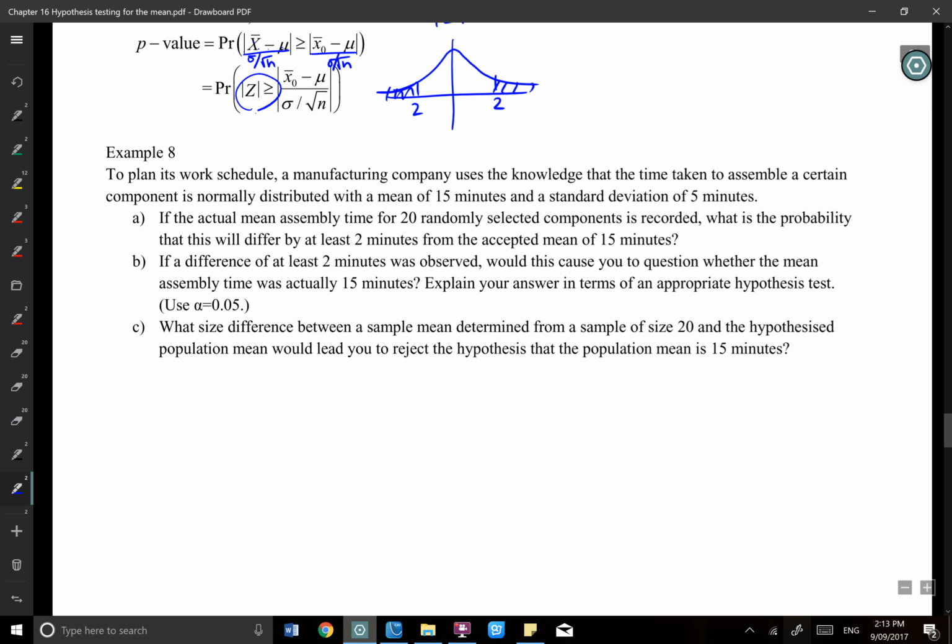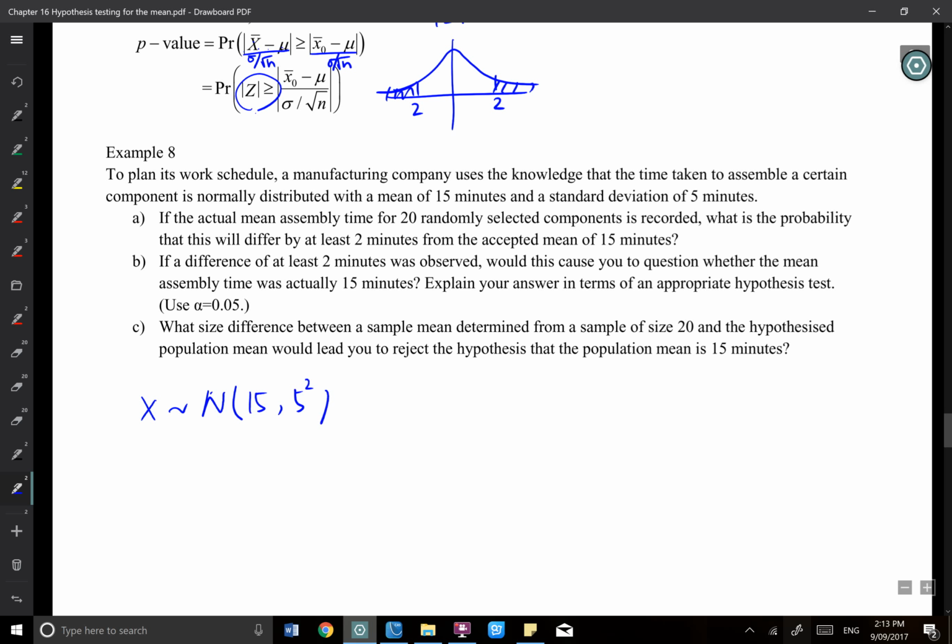To plan its work schedule, a manufacturing company used the knowledge that the time taken to assemble a certain component is normally distributed with a mean of 15 minutes and a standard deviation of 5 minutes. Let's say that's x, normally distributed with 15 and standard deviation of 5.